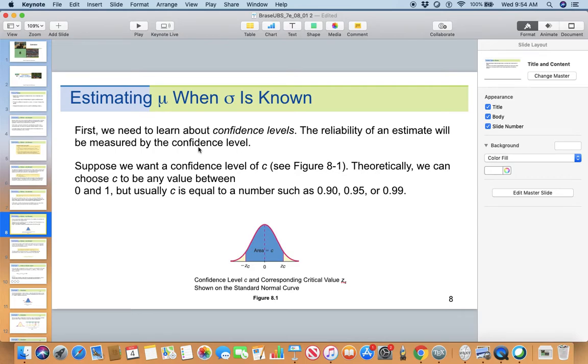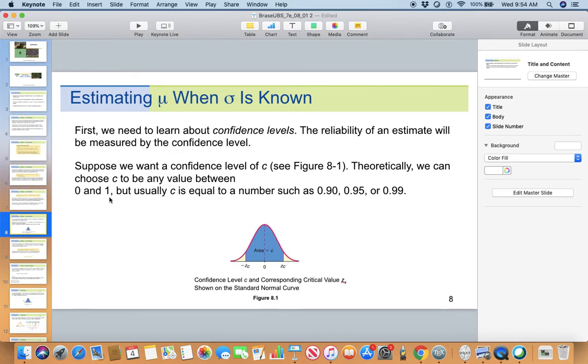That confidence level that we understand in English has to be written down in mathematics or statistics. So if you want a certain confidence level C, for example, I'm 90% sure. 90% means 0.9. 95% means 0.95. 99% is 0.99. Theoretically, we can choose your confidence level to be any value between 0 and 1.